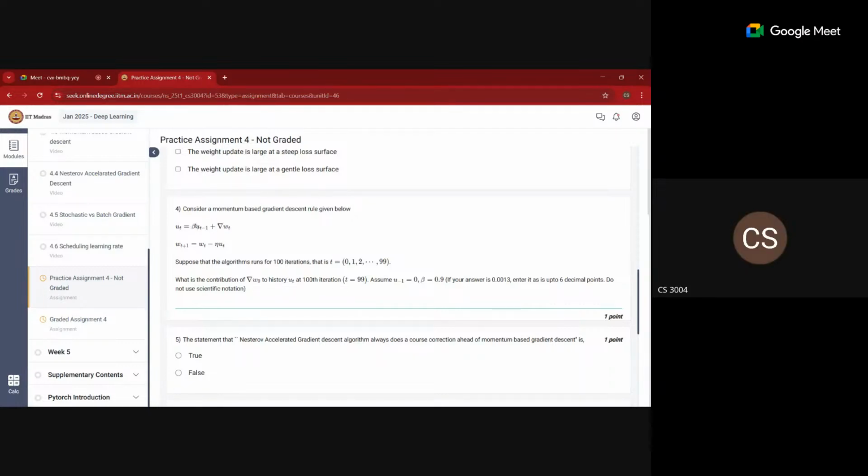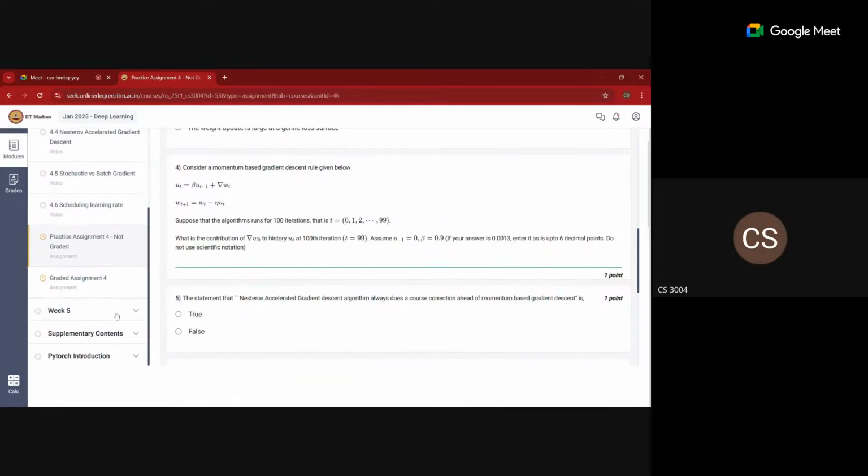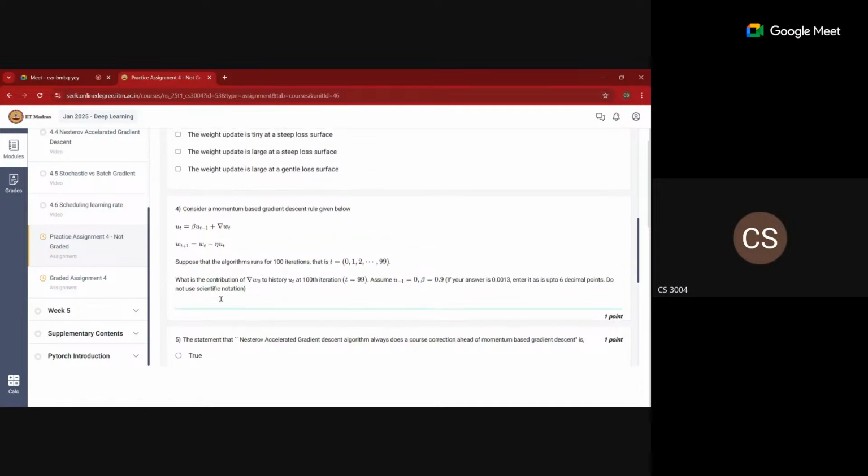The next time it will contribute whatever beta is, that much amount. If you expand the formula of this gradient, you'll get 1, then multiplied by 0.9, then again multiplied by beta 0.9, up to 0.9 to the power 99 into something.